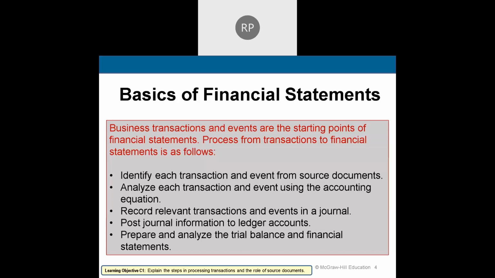The second financial statement is called the balance sheet. The balance sheet shows the company's balances of assets, liabilities, and equity. The third financial statement is called the retained earnings statement.